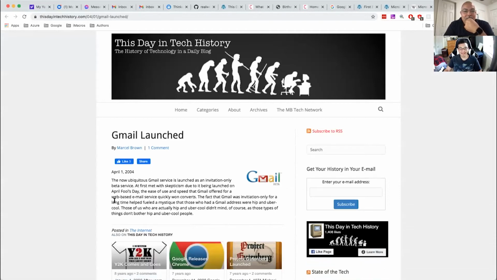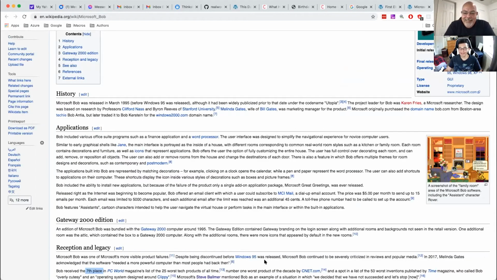Yeah, this is the Gmail beta. Now the ubiquitous Gmail service. Invitation only. Wow. It's considered ubiquitous now. It's kind of like the internet. Yep. Pretty funny.